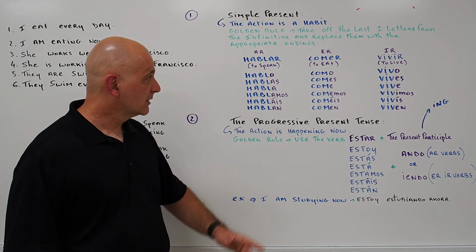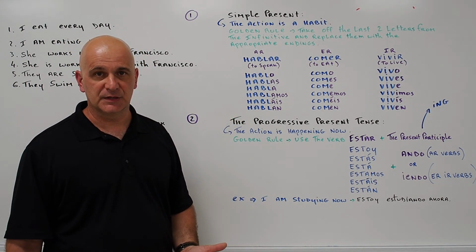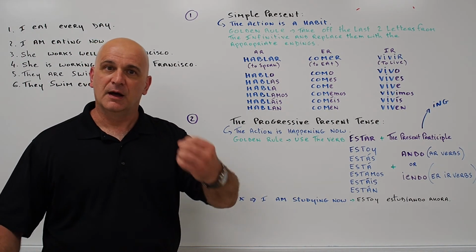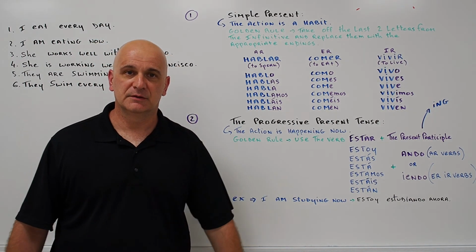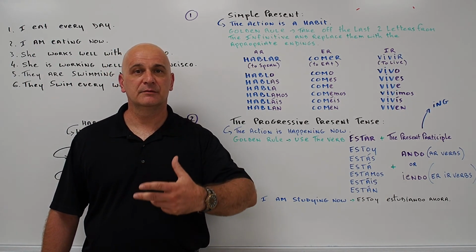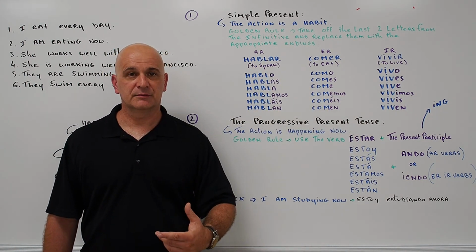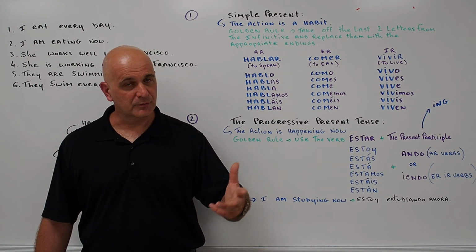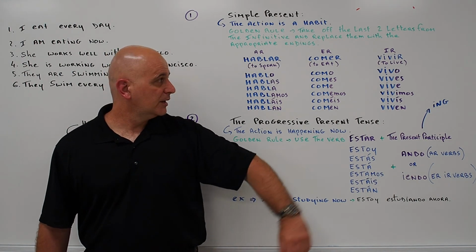That being said, if you take hablar, which means to speak, hablar. So let's try it, come on, hablar. If you take comer, come on, comer. One more time, comer. Very good. If you take vivir.